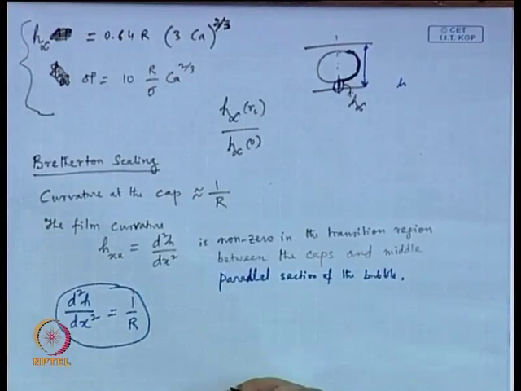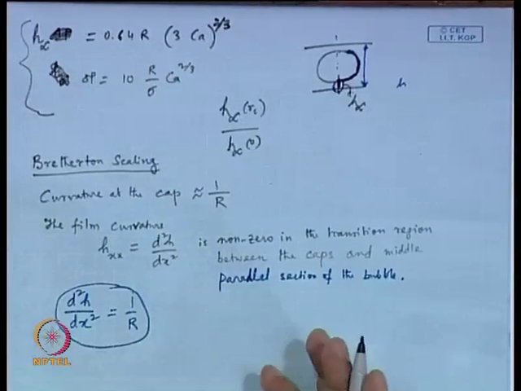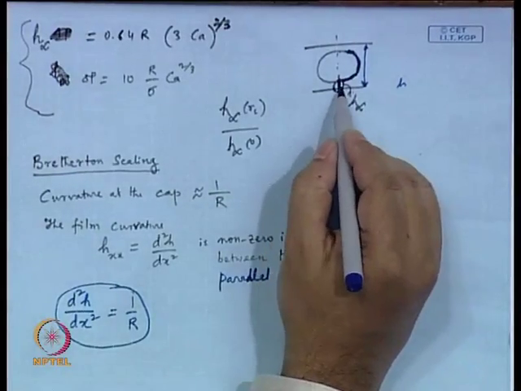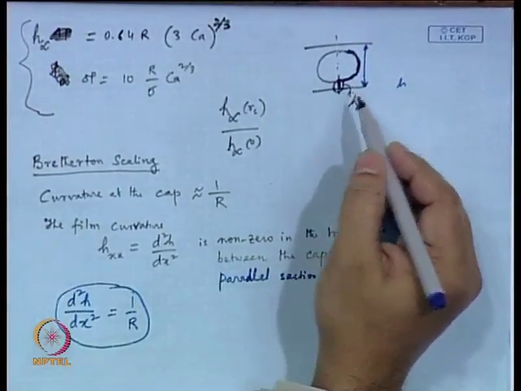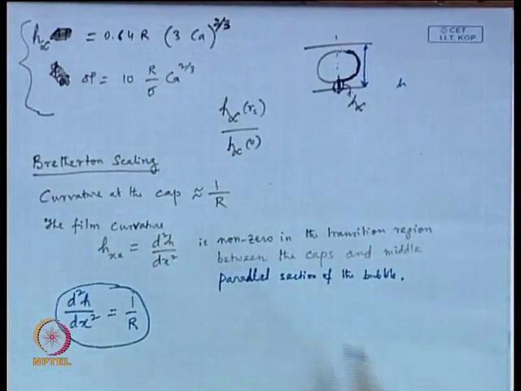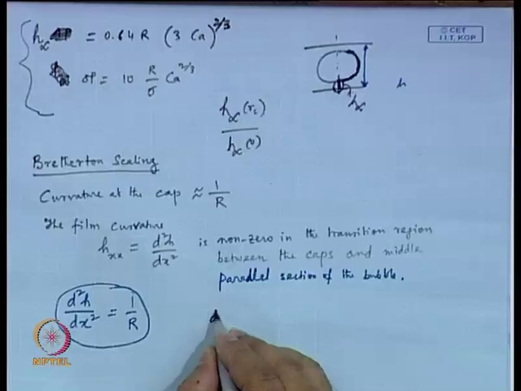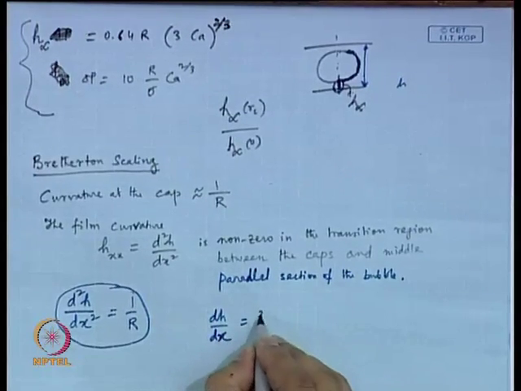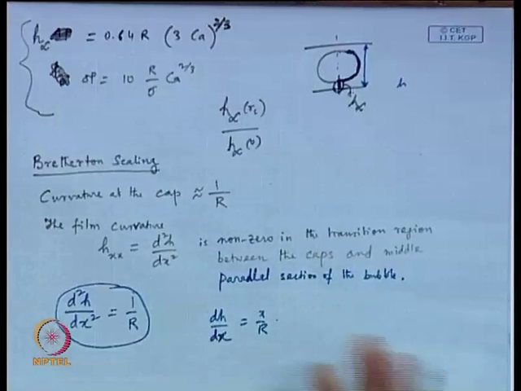So, that is what has been done in Bretherton scaling. Now, this has probably been integrated with some boundary condition, maybe at x equal to 0, x starts from here. So, at x equal to 0, dh/dx equal to 0. With the use of these boundary conditions, they ended up with very likely dh/dx is equal to x by r, and then they further integrated.